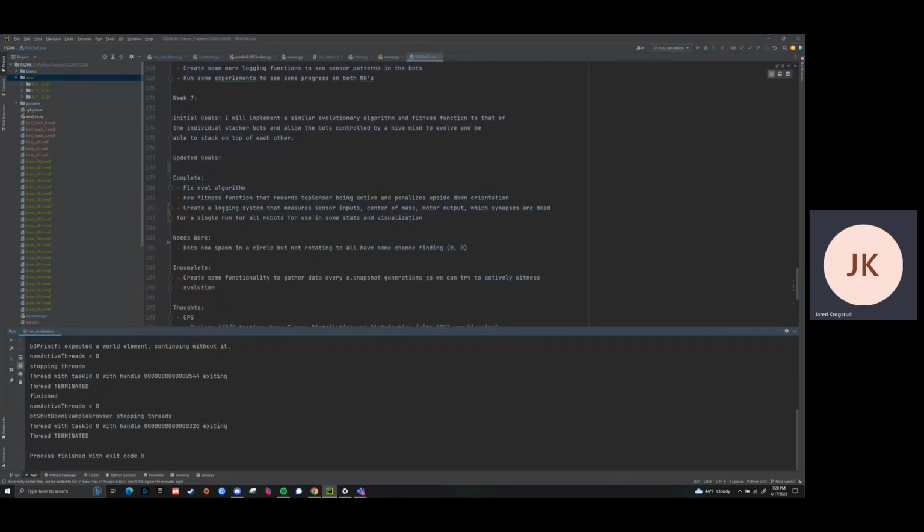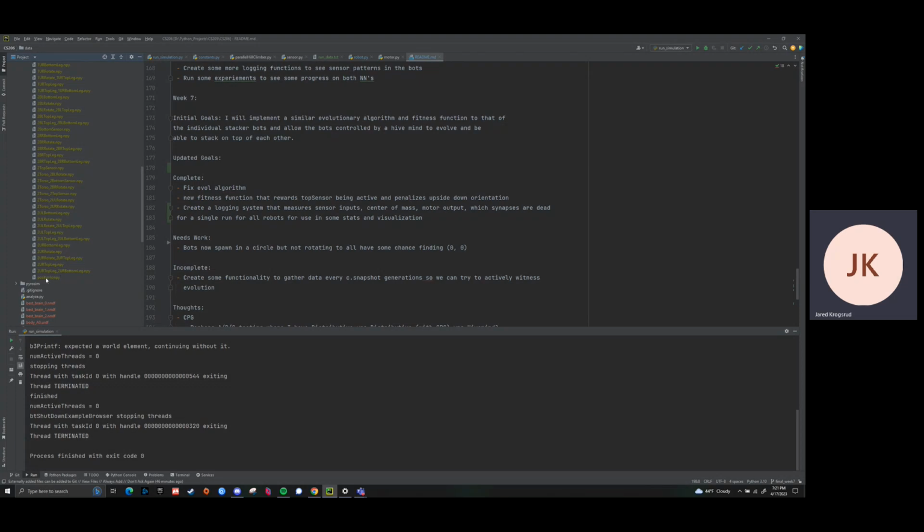As I ran this example, I am also gathering a lot of data on it. I have it saving a lot of the sensor values and the motor values of each individual robot as .npy files. I'm also keeping track of all of their XYZ coordinates and rotations in positions.npy.